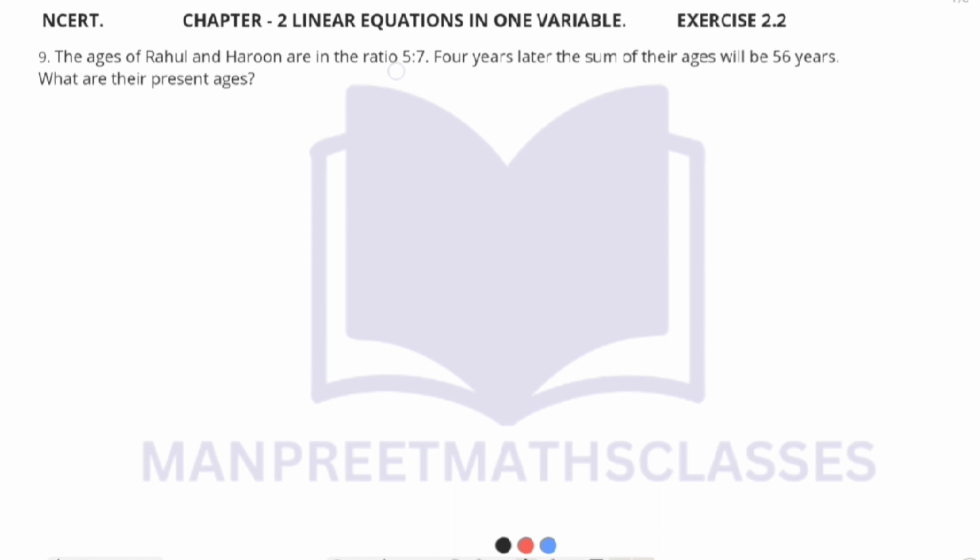So first of all, we need to suppose their ages as it is given. The ages of Rahul and Harun are in 5:7. So in the last video also, I taught you that whenever it is given in ratio form, just take x with it. Like now here ages are given. So Rahul and Harun, 2 persons are there.